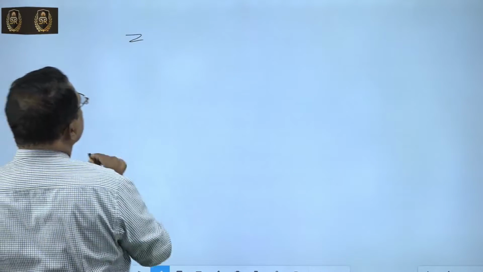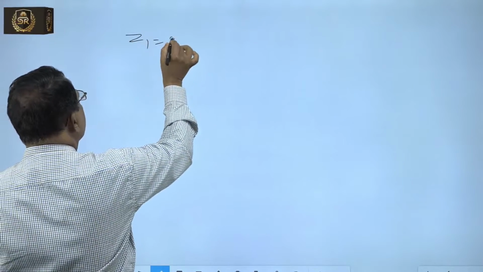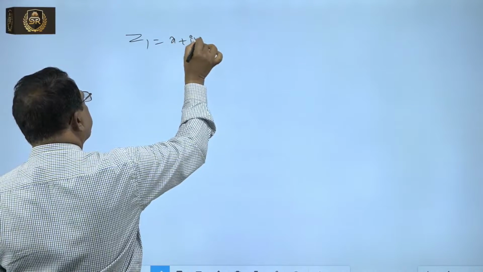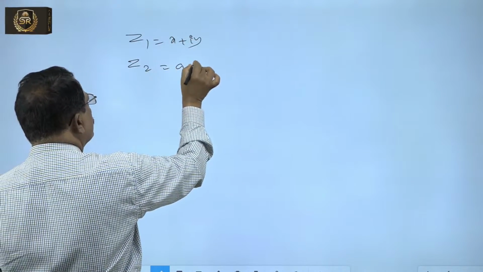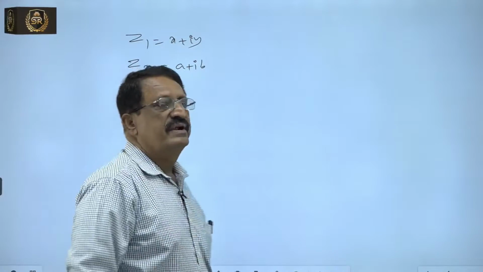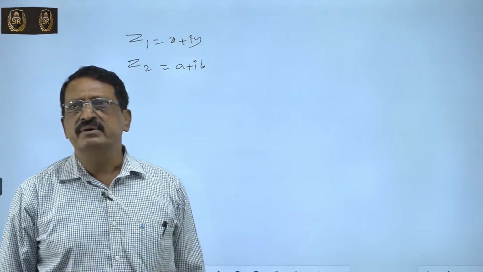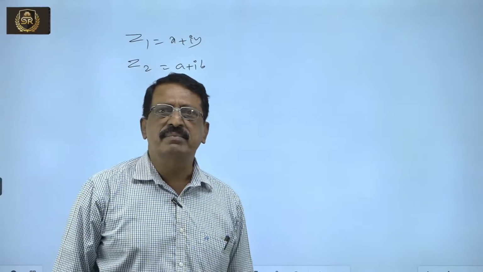Suppose z1 equals x plus iy and z2 equals a plus ib are two complex numbers.